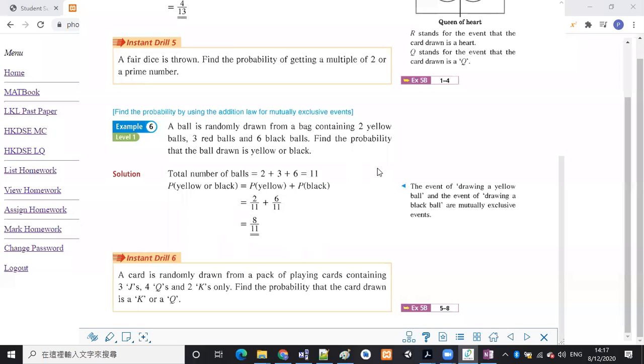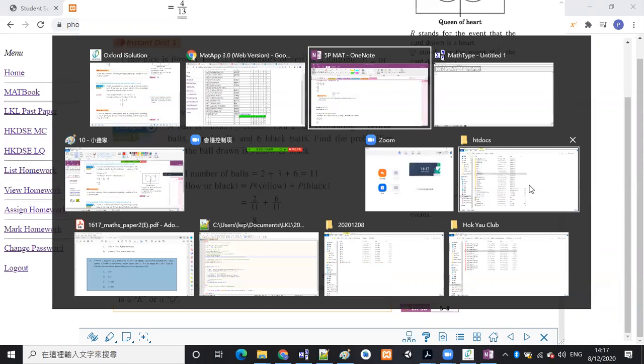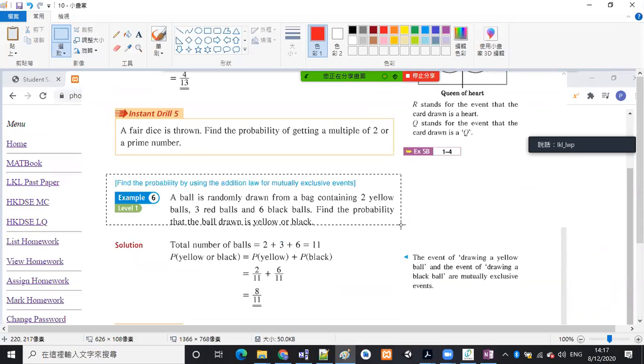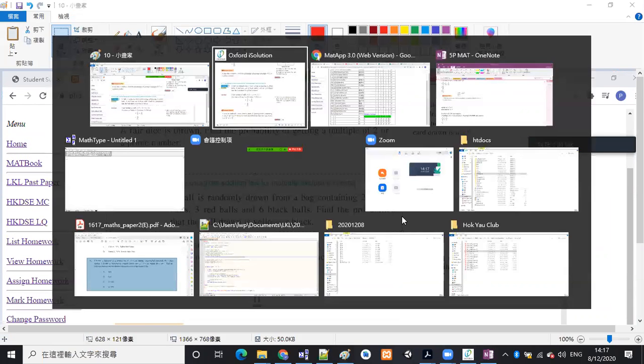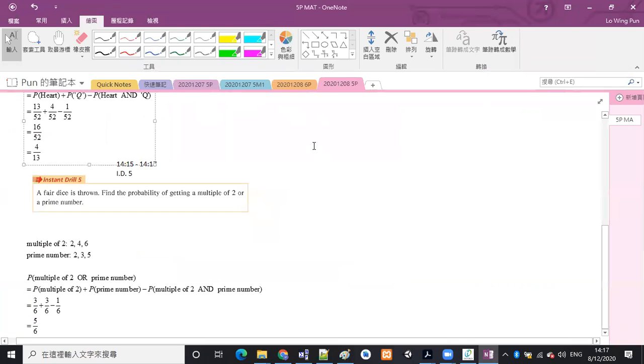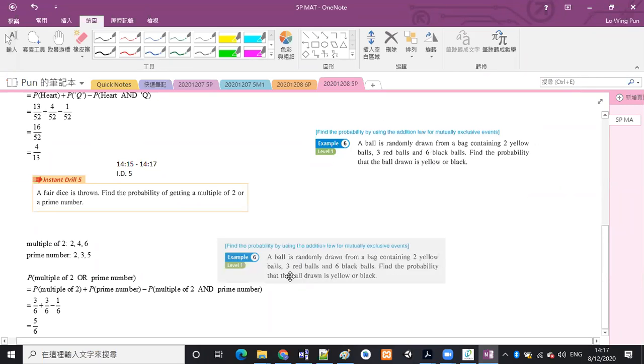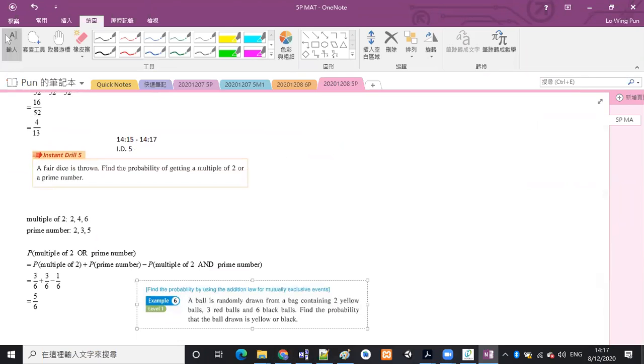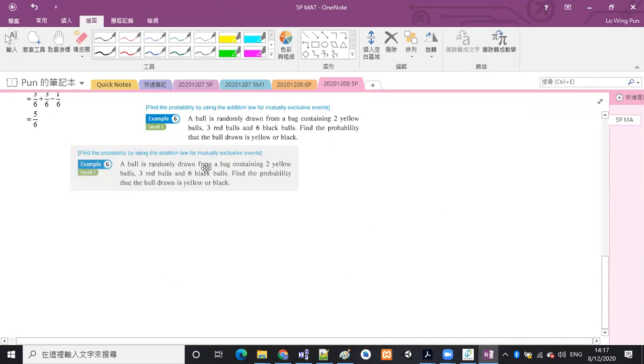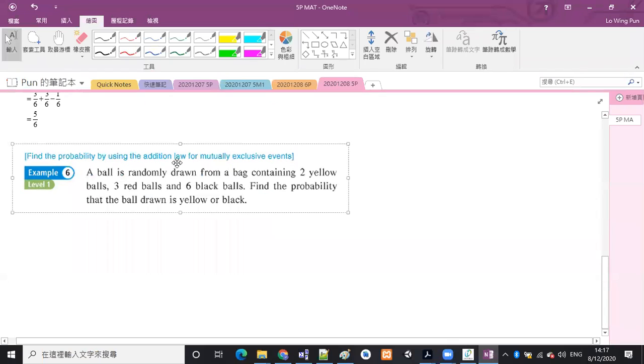好啦，再睇睇啦，睇多個先啦。Example number 6. So a ball is randomly drawn from a bag containing 2 yellow balls, 3 red balls, and 6 black balls. 好，而家 total 有幾個波喺度啊？睇先啦。There will be 2 yellow balls, 3 red balls, and 6 black balls, and we are going to draw 1 ball randomly.